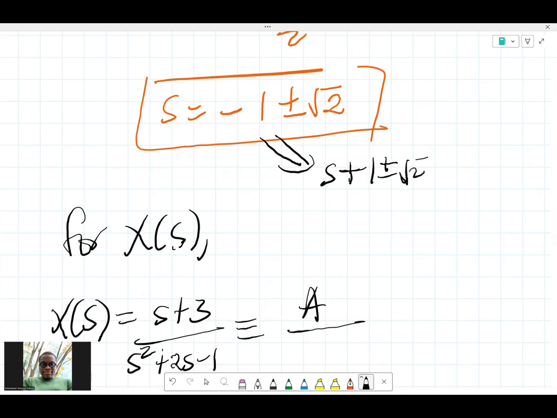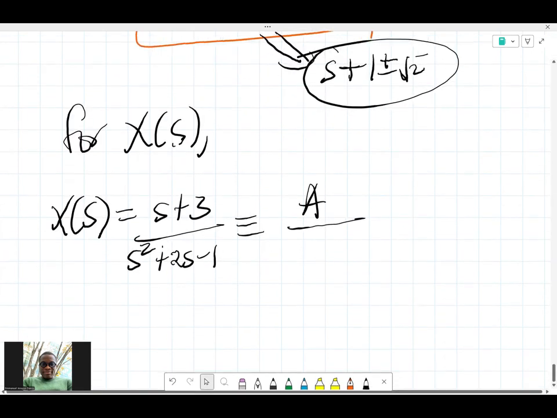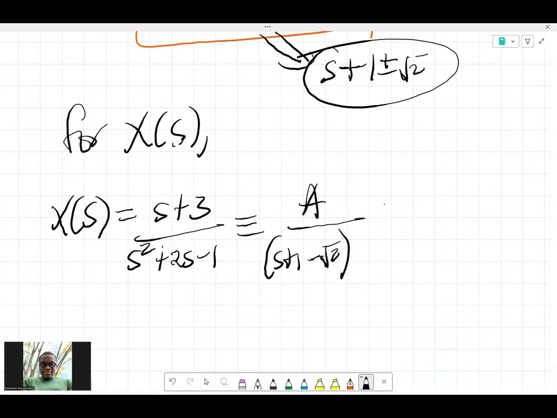We can actually have it this way. So we can have this to be a over s plus 1 minus root 2 plus b over s plus 1 plus root 2. So it's not straightforward, but we can use it this way.